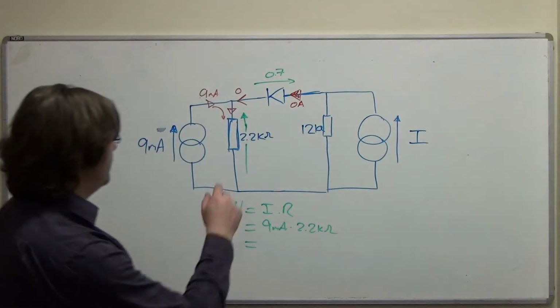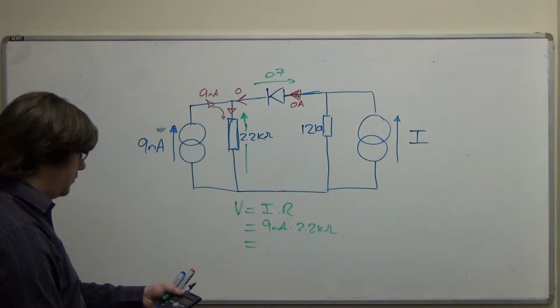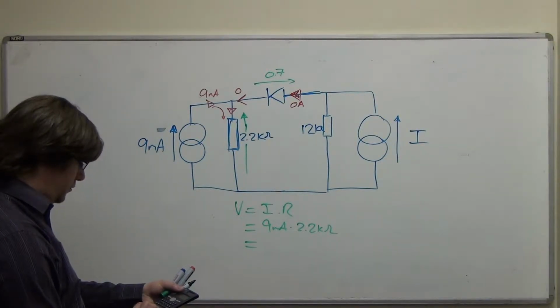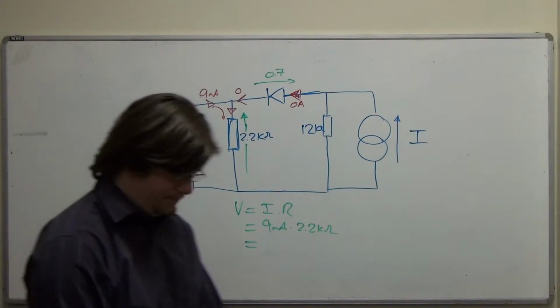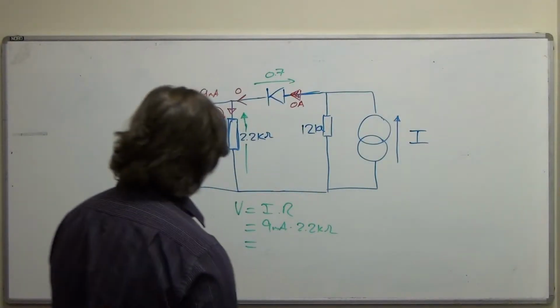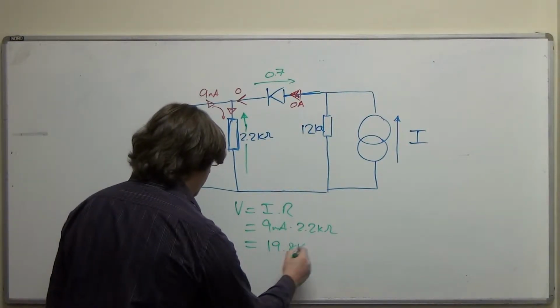Because this is the same as before, pretty much. And 9e minus 3 times 2.2e plus 3, 19.8 volts.